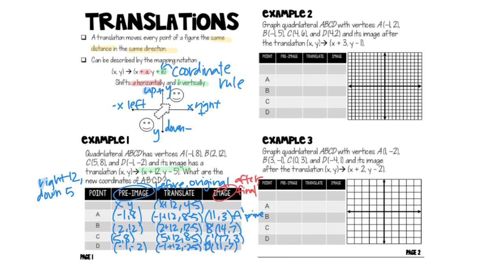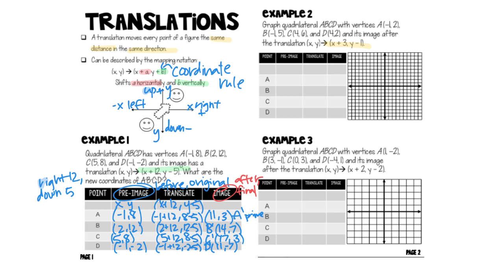Example 2, graph quadrilateral ABCD with vertices A, negative 2, negative 1, 2, B, negative 1, 5, C, 4, 6, and D, 4, 2. And its image after the translation, x plus 3, y minus 1. So that is my coordinate rule that I'm going to be applying.